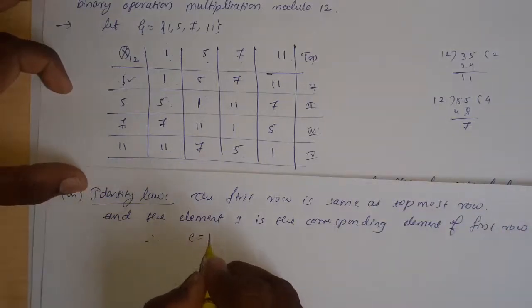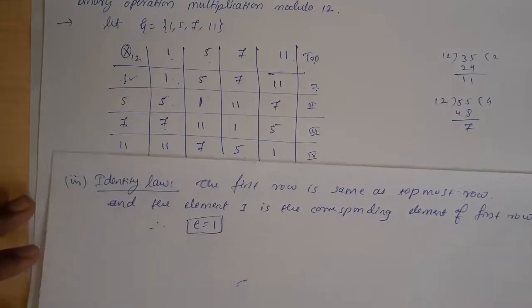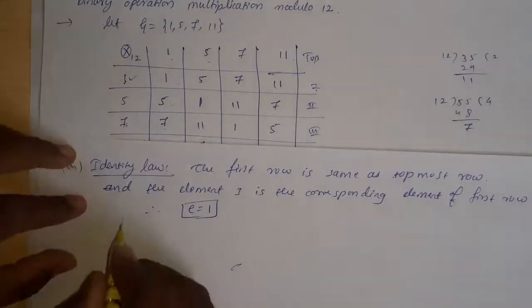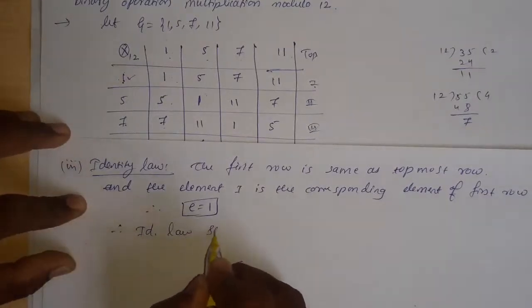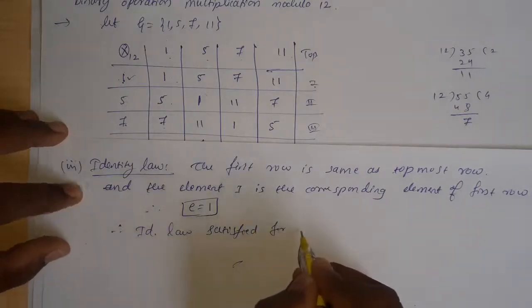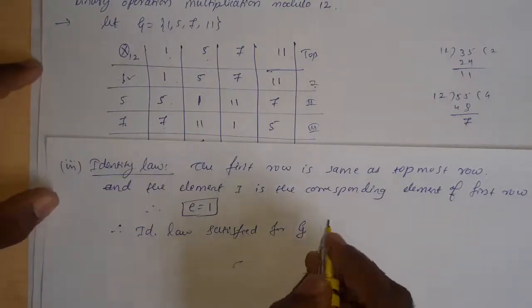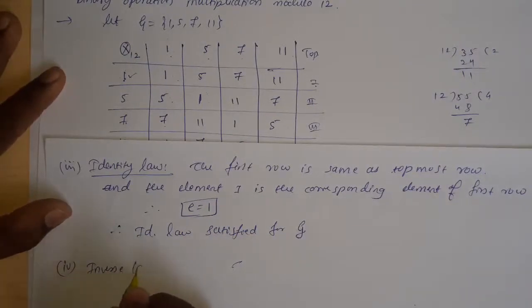Therefore E equals 1, the identity element. If the identity element exists, then we can say that identity law is satisfied for G. Therefore, identity law satisfied for G. Then the fourth one is inverse law.